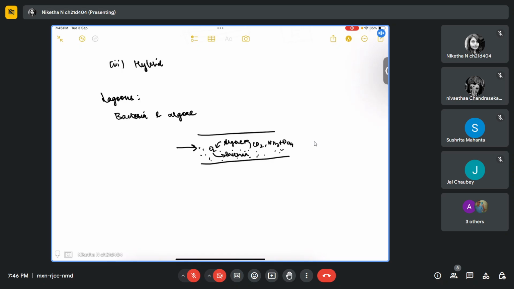As bacteria degrade the wastewater, they will also die, and whatever dead bacterial cells are there will be collected at the bottom, and this will be called sludge. At the surface, gas exchange will happen.